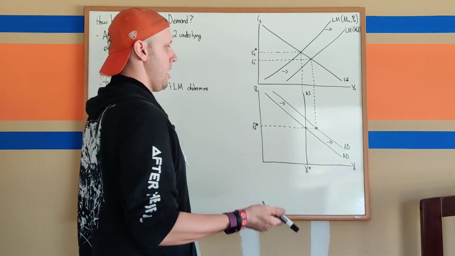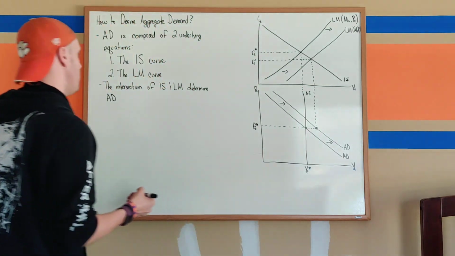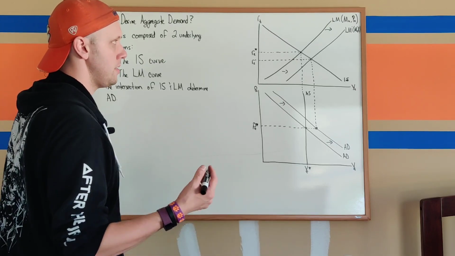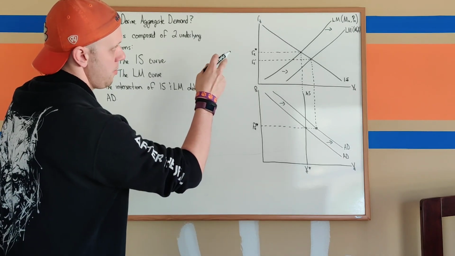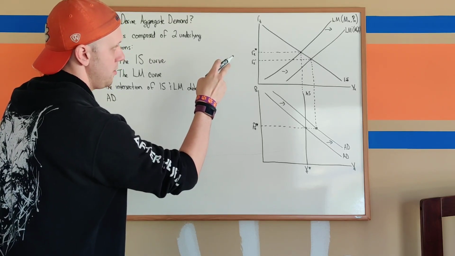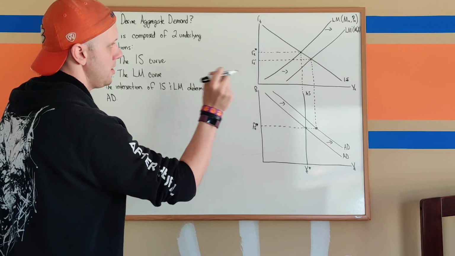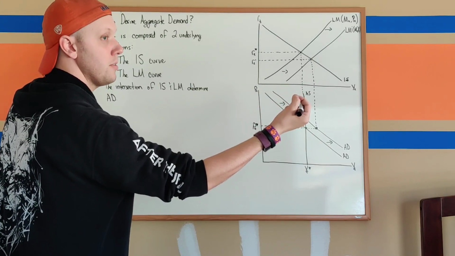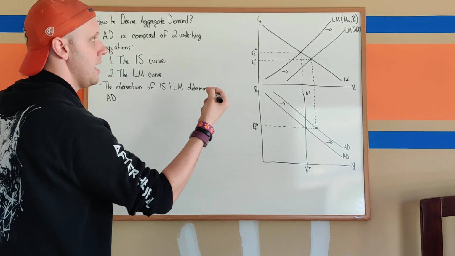Now, if output here can't change because it's vertical, what has to happen? Well, remember I said the LM curve is a function of money and prices. And if prices are fully flexible, what happens is the money supply increases, but the price level is going to increase. And as the price level increases, the LM curve shifts in.